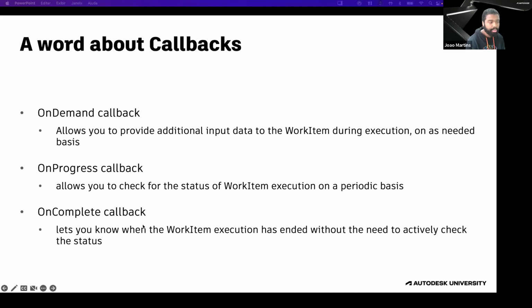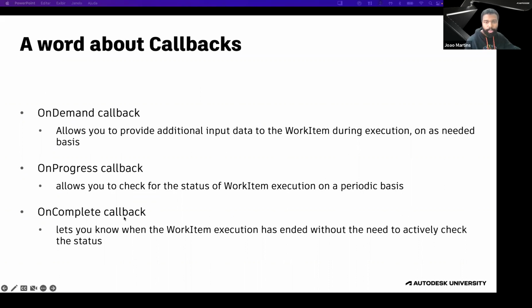The onComplete callback lets you know when the execution is done. Once more, we have the queue. When you submit a job, it's going to be queued. Then when it is grabbed from the queue, it's going to download the input information, process your file, and then generate the output. As soon as it uploads the output file, it's going to send a message to the onComplete callback.